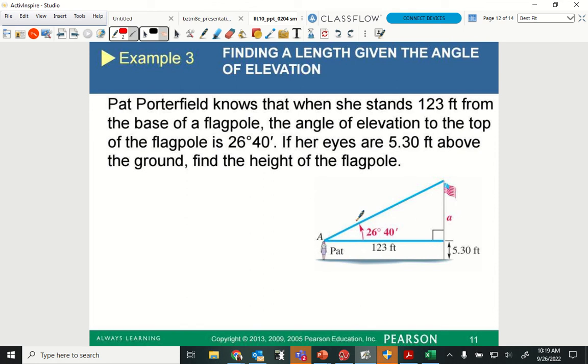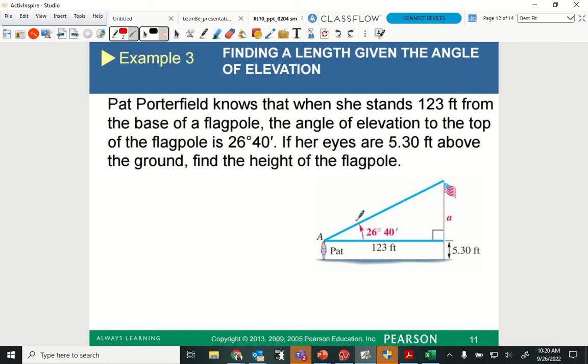Now, if you notice this triangle right here that I have, is this triangle on the ground? No, it's off the ground, isn't it? So what am I going to do to find the total height of my flagpole? A plus what? 5.3, right? The height right here at eye level. So I'm going to add those together.